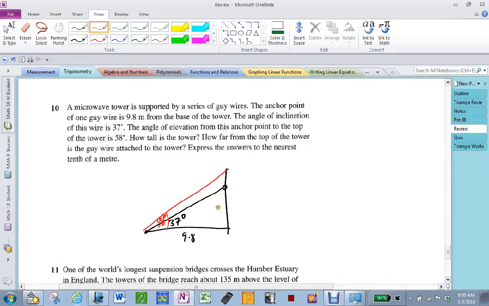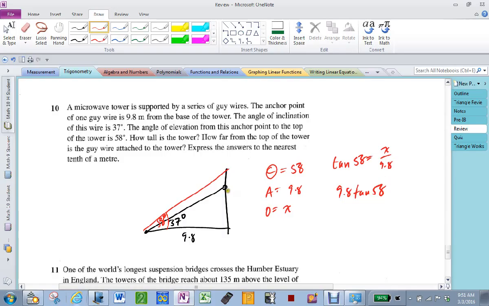And I want to know the height of the tower and how far from the top I have to attach this. So the height of the tower uses what theta? What's my theta for height? 58. My adjacent is 9.8 and my O is x. So it's tan 58 equals O over 9.8, so 9.8 tan 58. That will get me the height, yes?